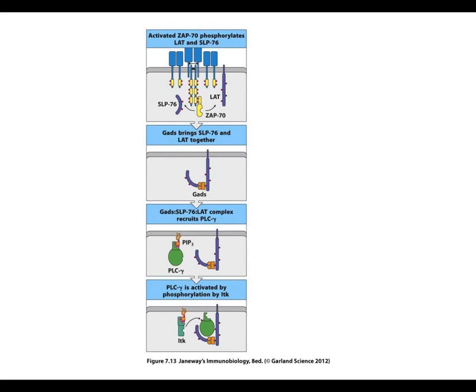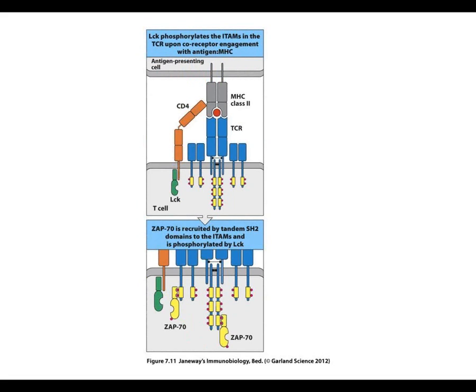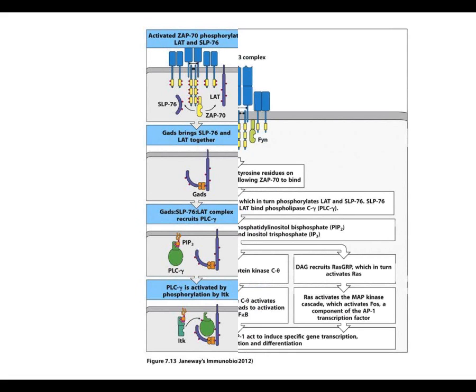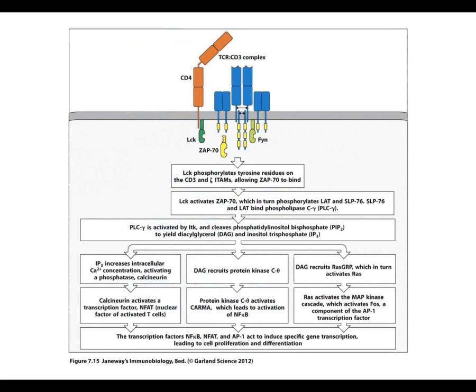So I'm purposely going very slow because this is very confusing, right? So LCK, ZAP70, and ZAP70 phosphorylates LAT and SLP76 held together by GADs, which then phosphorylates PLC. All right, so we're starting to get to some detail that you probably should start to remember, or at least have a good idea about what's happening here.